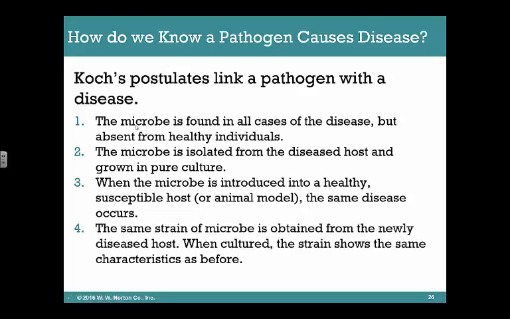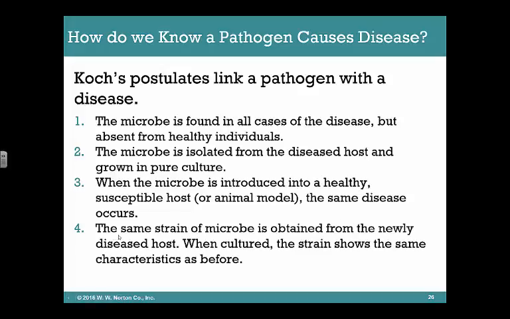First, you had to find the microbe in all cases of the disease, but not in healthy individuals. Second, you had to isolate the microbe and grow it in pure culture. Third, you had to test the microbe's ability to cause disease by introducing it into a host animal or into a healthy human, and waiting to see if the same signs and symptoms occurred.